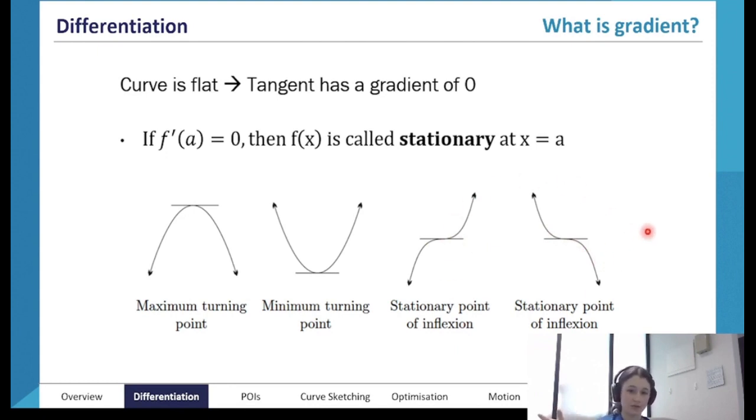And in all of these scenarios, we have a stationary point because instantaneously, just for one tiny second, the gradient is 0 and the curve is flat. So as you can see, we have two categories of stationary points displayed here. We have turning points, and then we have the points of inflection, and this is where the curve has that chair shape.